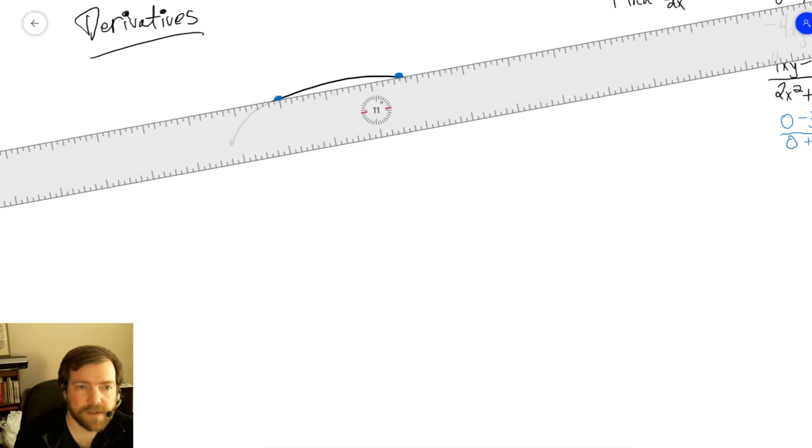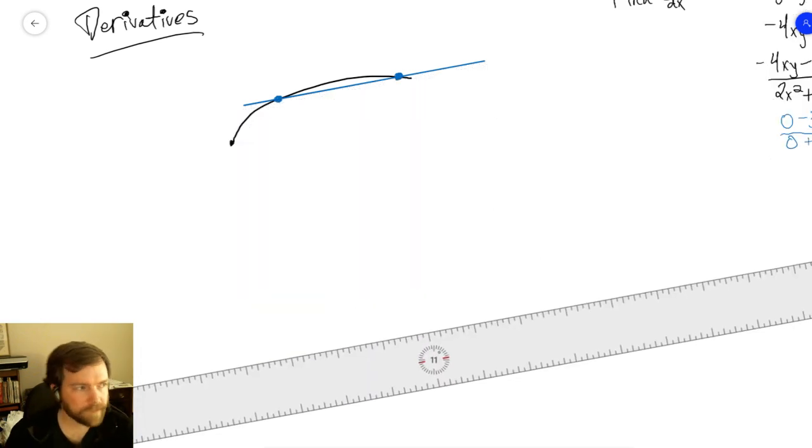Now this is not a derivative. This is in fact what's called a secant line. So a secant line goes through a curve at two or more points, usually just two. We can call these by different names, so x1, y1, and x2, y2, which you probably remember going back to algebra.